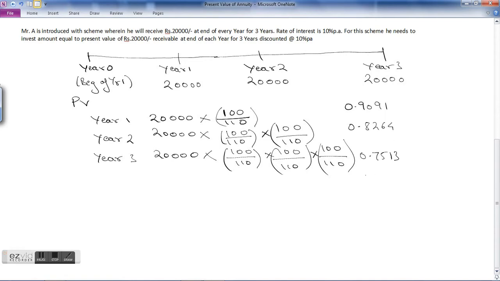Now 0.9091 into 20,000 will give you 18,181.82. 0.8264 into 20,000 will give you 16,528.93, and 0.7513 into 20,000 will give you 15,026.3.